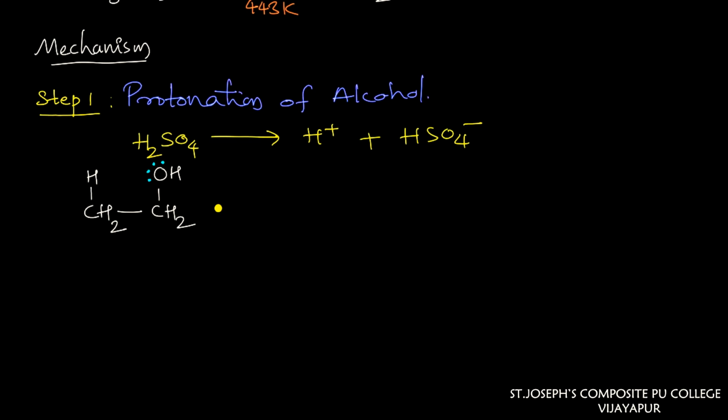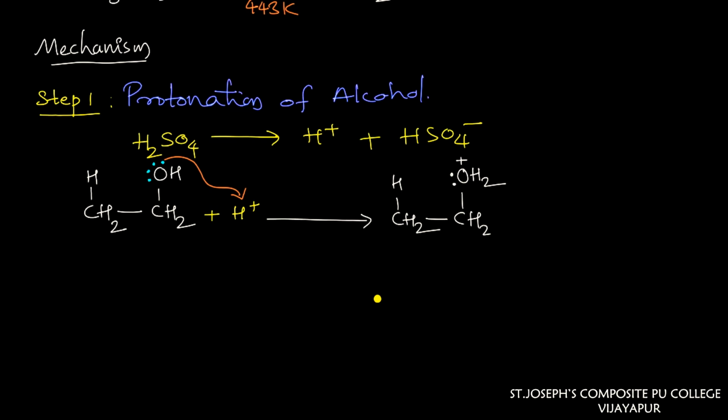Now I'm going to write the H+ ion here. The oxygen has a lone pair that can be donated, and therefore the electrons on the oxygen migrate towards this hydrogen, and we get the product CH3CH2OH2+. One pair of electrons is used, so only one pair is left, and the other pair is converted into a positive charge. This molecule is called a protonated alcohol.